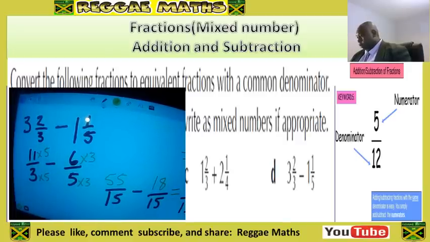So the answer is 37 over 15. And now I'm going to say 15 into 37 goes 2 times. 2 times 15 is 30, so the answer is 2 and 7 over 15.